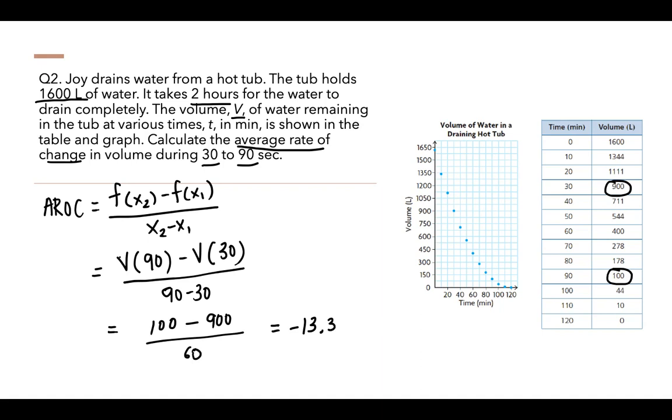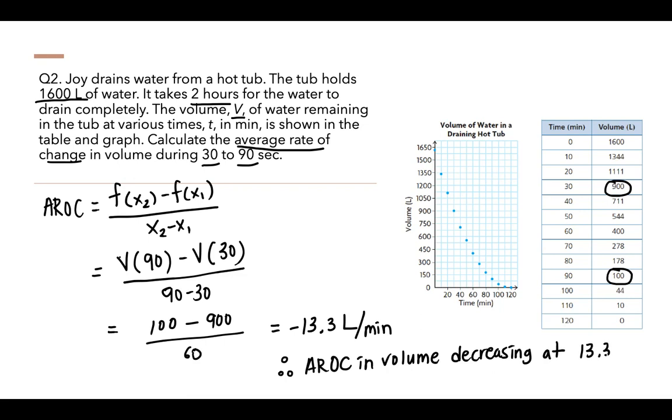And don't forget the units, it's liters, because the numerator is volume, liters, per the denominator, which is time, minutes. So what does this mean? Therefore, the average rate of change in volume from 30 to 90 is decreasing at 13.3 liters per minute.